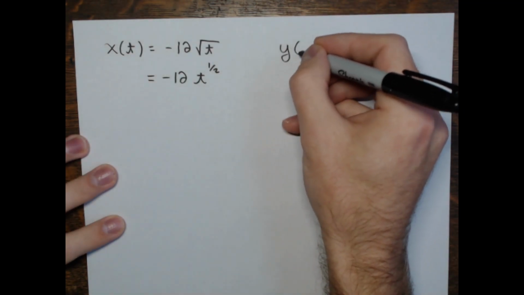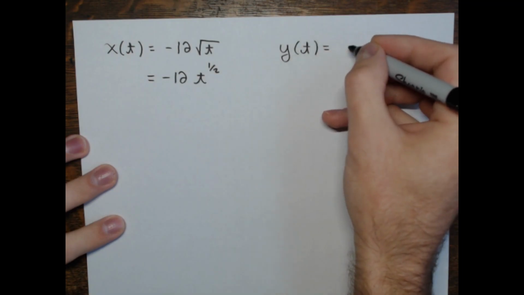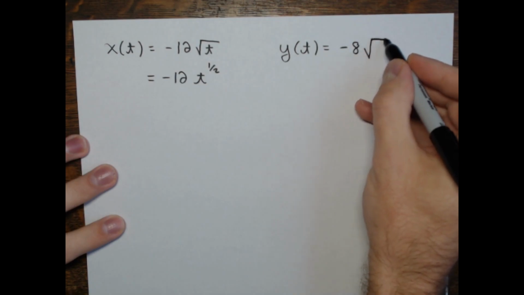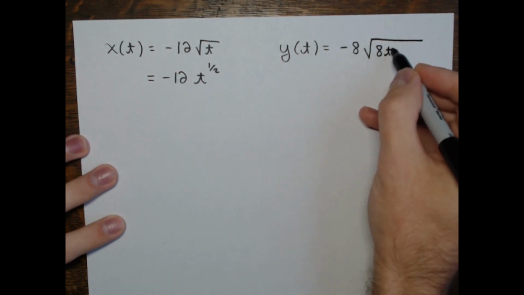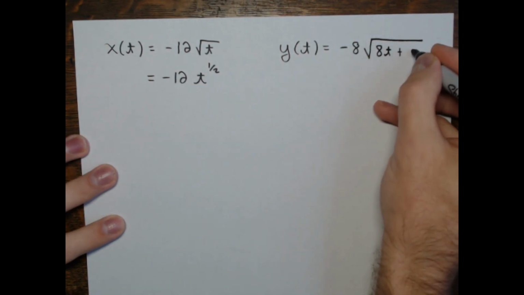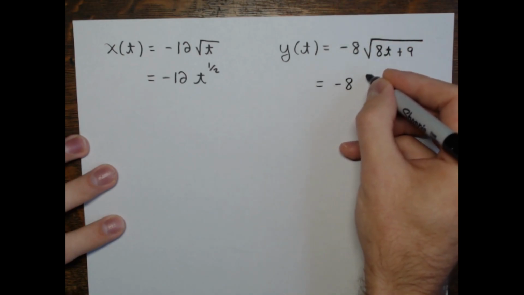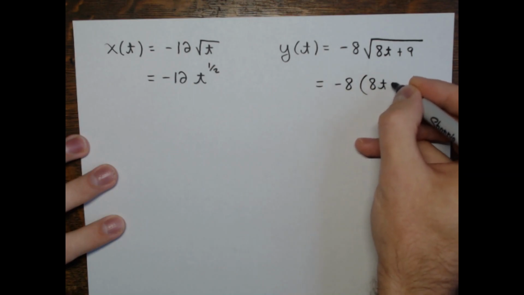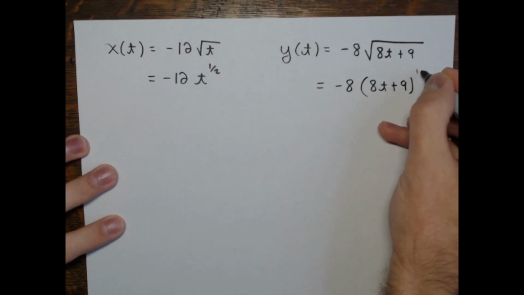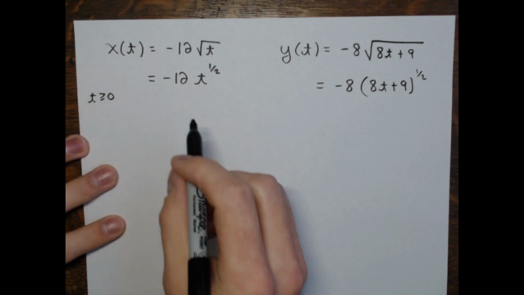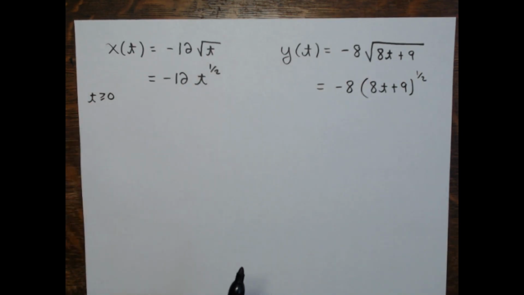And then y of t is negative 8 times the square root of 8t plus 9, which with the roots I'm going to write as negative 8 times the quantity 8t plus 9 to the half. And t must be non-negative here, so that we're not taking square roots of negatives and getting imaginary x and y coordinates.